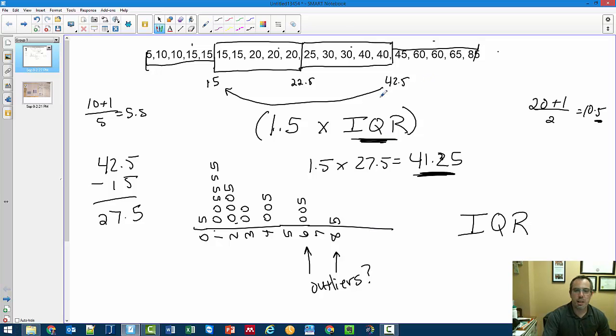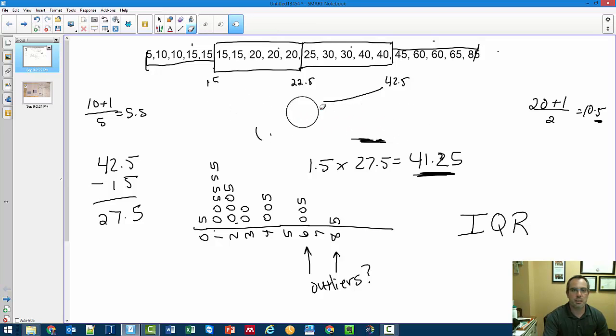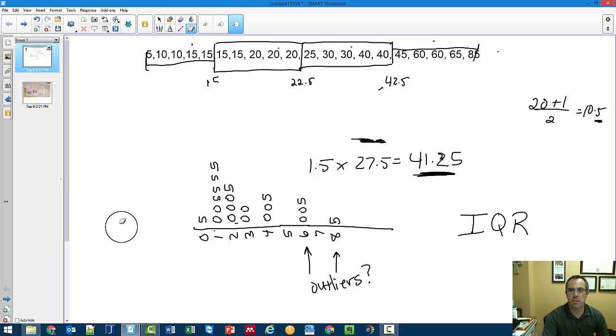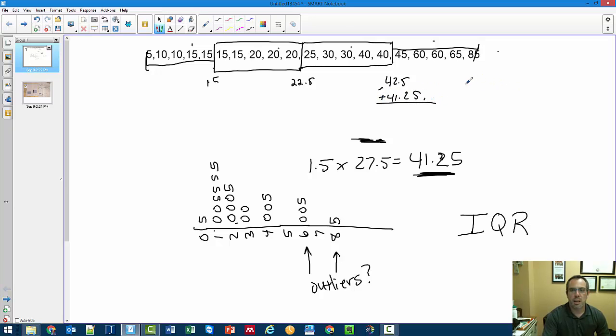then that's an outlier. So what I'm going to do is I'm going to take that 41.25 and I'm basically going to add it and subtract it. I want to see what's the biggest and smallest number I can get to over here. So I'll start with the one on the left. It's easier. So if I take and add 41.25 here, I end up with 84.75.